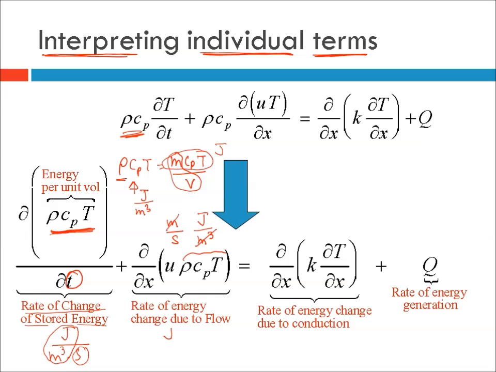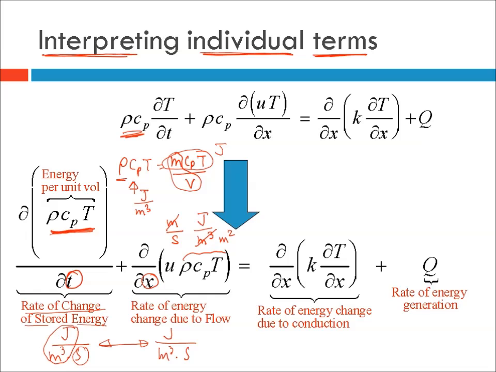So if we cross out these, we get joules per meter square per second, and then this x also has a unit of meter. So then what do I get? We get joules per meter cube per second, which is the same as this other term, but they have to be, because they're all part of the same equation.